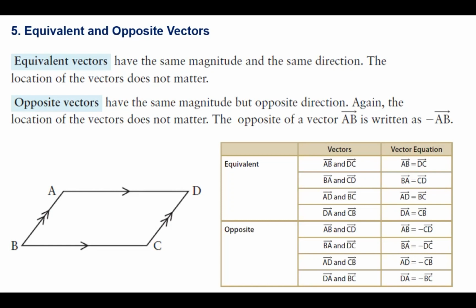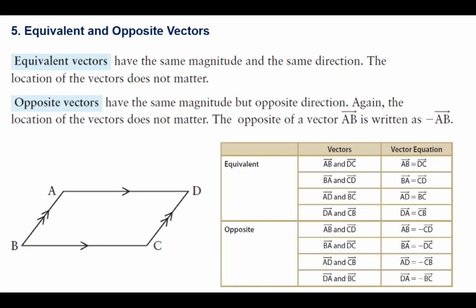So, for example, if we have a parallelogram like this, consider the parallelogram ABCD as shown here. The table on the right shows the pairs of equivalent and opposite vectors.